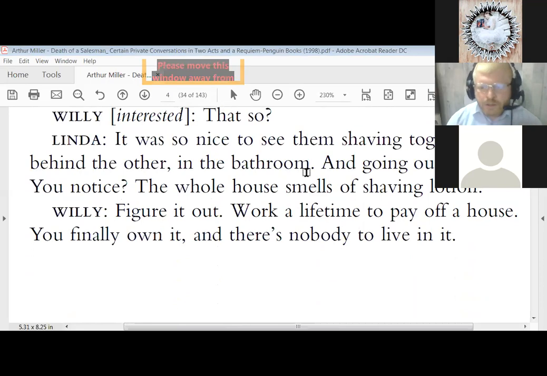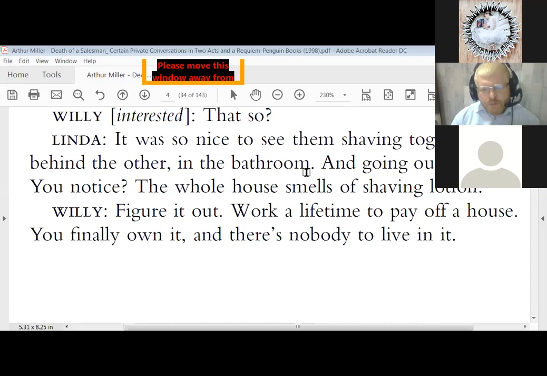So Linda is very happy because after really a long while, after Biff was away from the house, he's back, and all the beautiful days are back, and the boys are together. They are sleeping together.